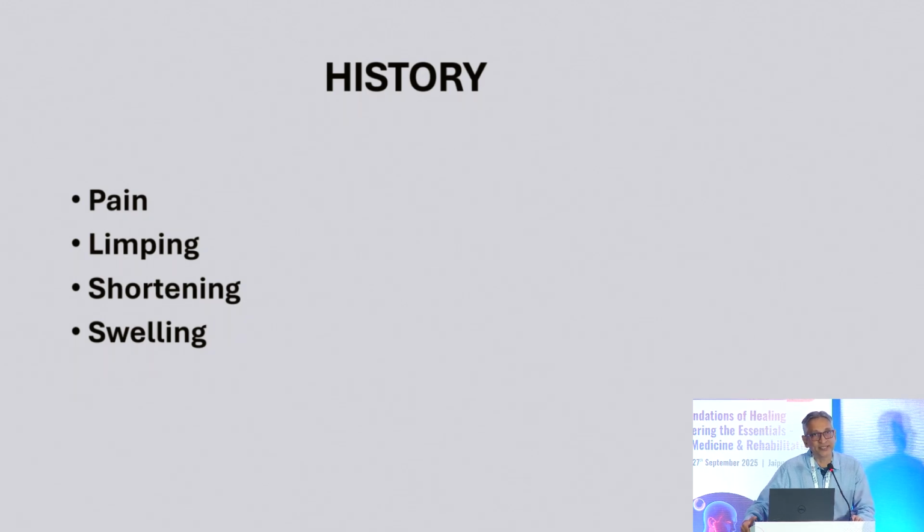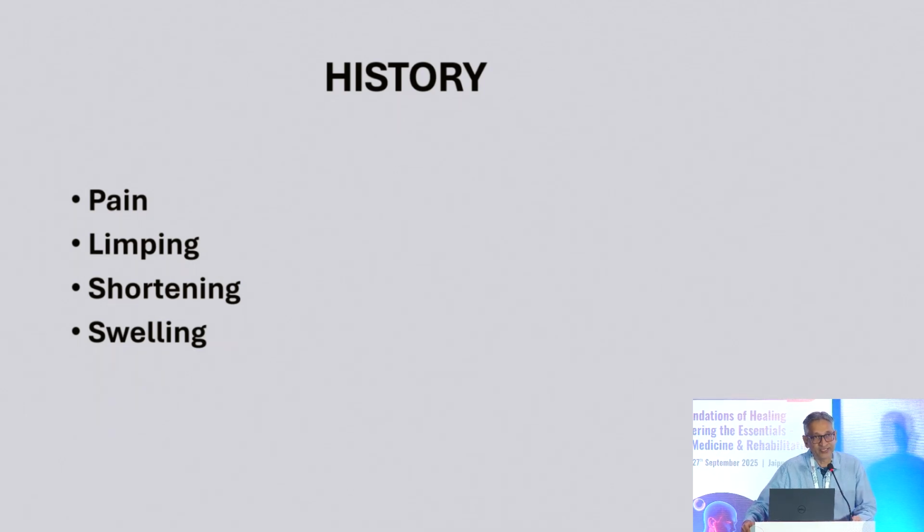In children, night cries are typical of tuberculosis. So you should go into all aspects of pain: what is the duration, what is the type, what is the radiation of the pain. I have seen boys complaining of knee pain, but their problem is at the hip. So you should take a thorough history.